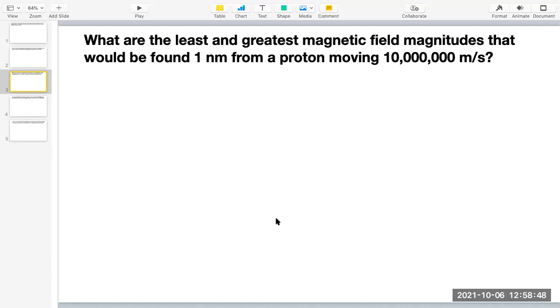But we're going to ignore the other source of a magnetic field that a proton could have, which will be just fine for this. Just a simple charged particle moving in a straight line. It's positive, and it's going fast.